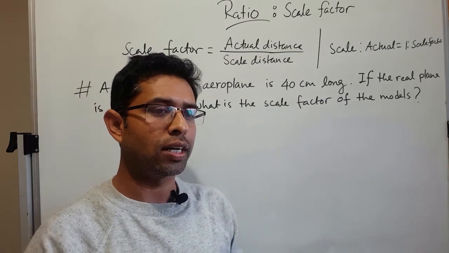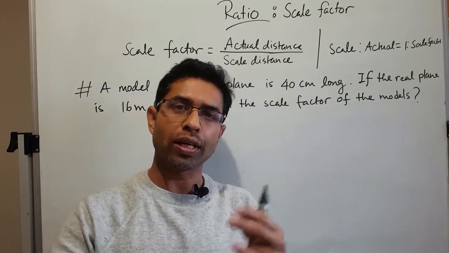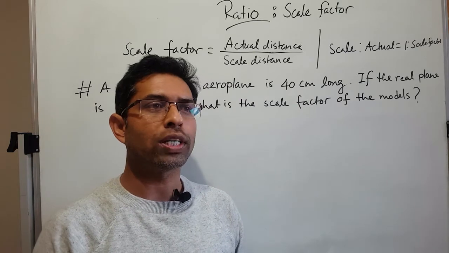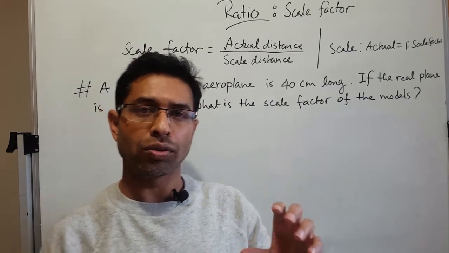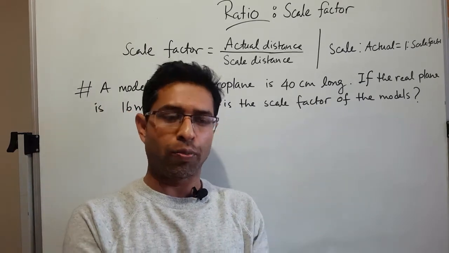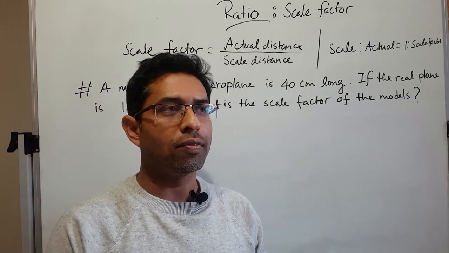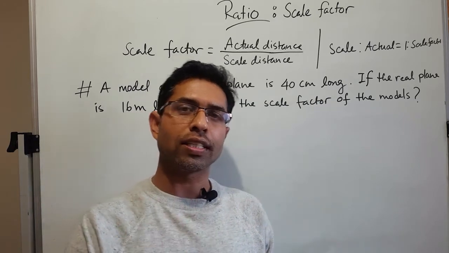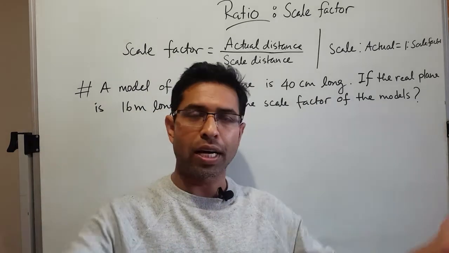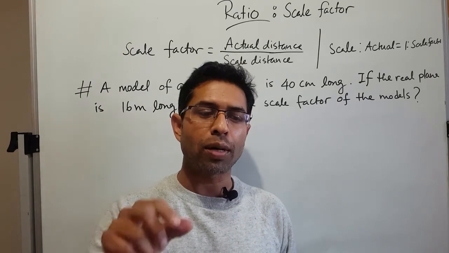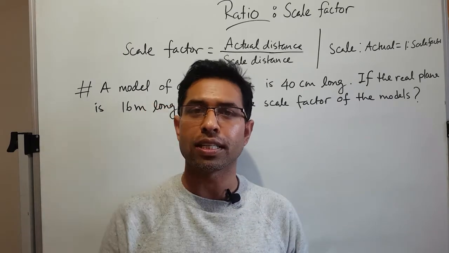When you are doing a map, we always try to scale it down to fit it into our piece of paper. Even though the distance from one city to another city is too large, like maybe 100 to 200 kilometers, we are putting in just a millimeter distance on the map.